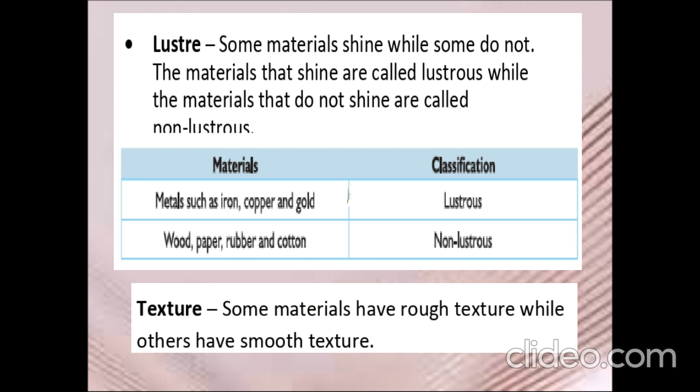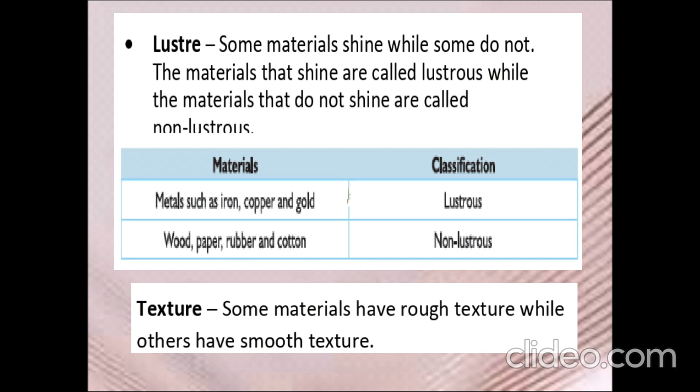Then texture. Some materials have a rough texture and some have a smooth texture. Rough texture, as in the tire of a car or some other vehicle. Because of the rough texture, it can easily stop on a road. And for smooth texture, the slide in the park.